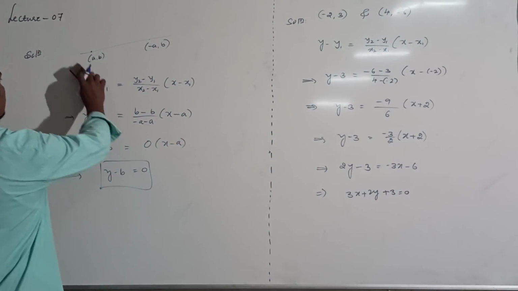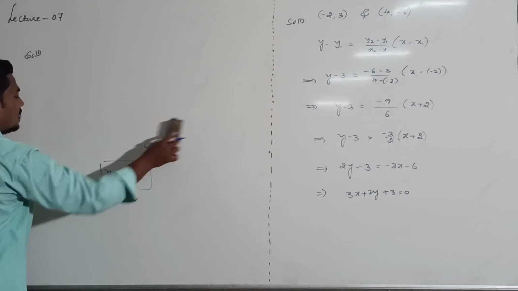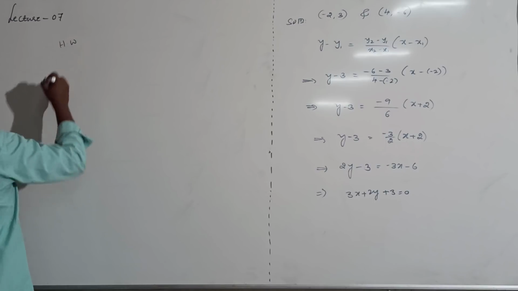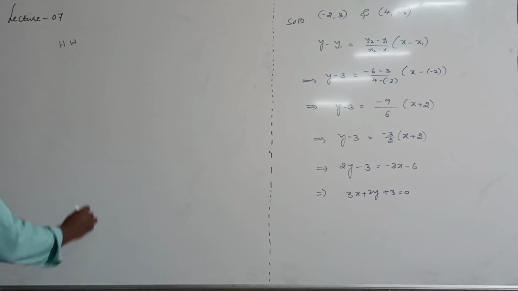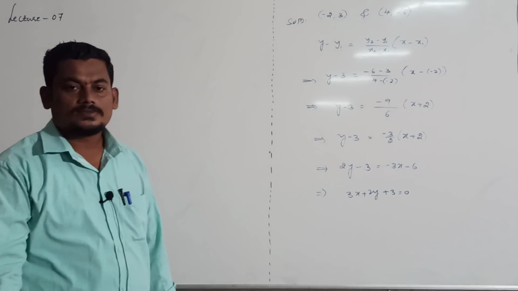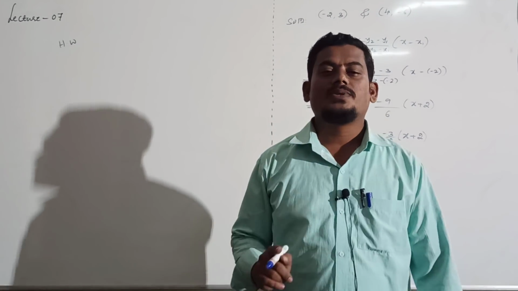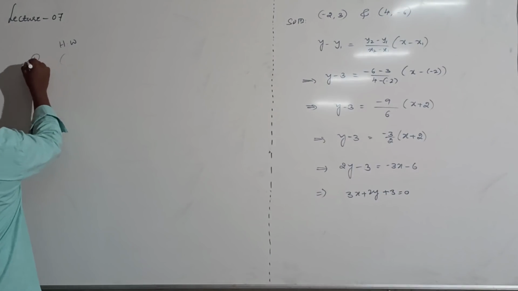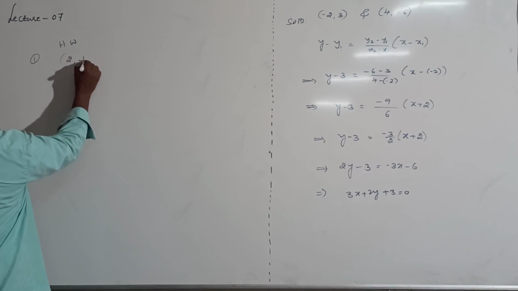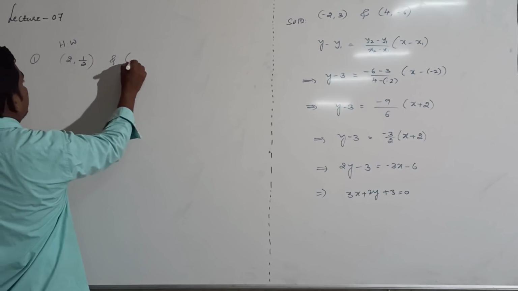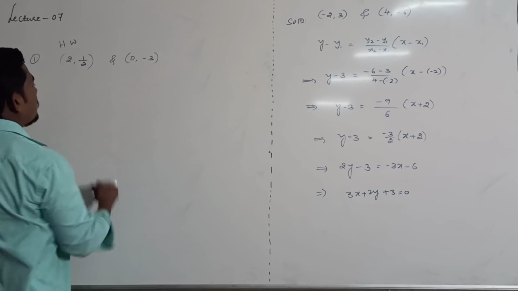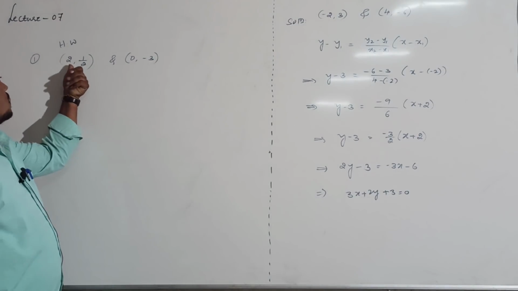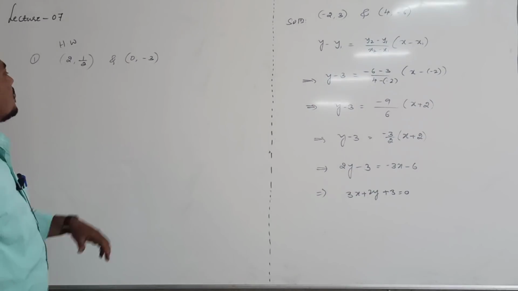Take two more problems for homework. Find the equation of the line passing through 2 comma 1 by 2 and 0 comma minus 3.